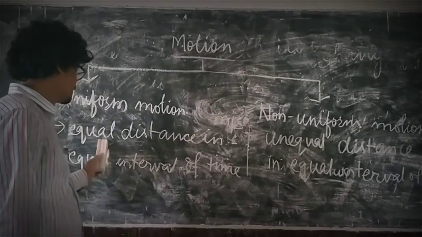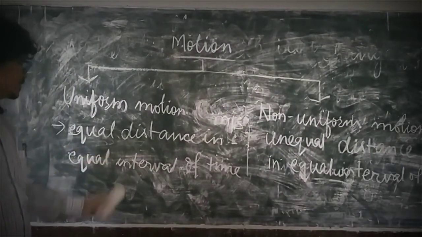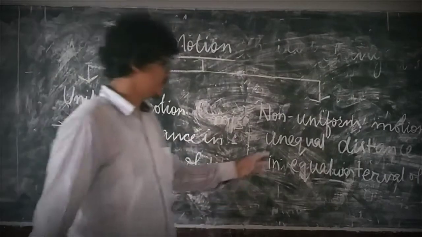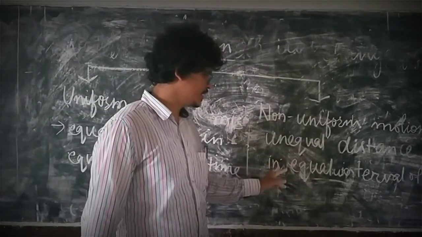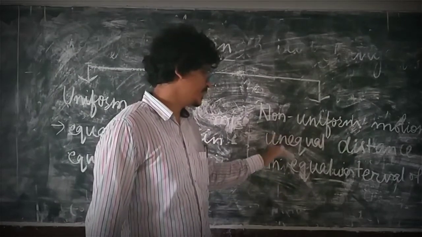If you see carefully here, the object is traveling equal distance in equal interval of time. That means its speed is constant. Here you see unequal distance in equal interval of time, it means speed is changing.